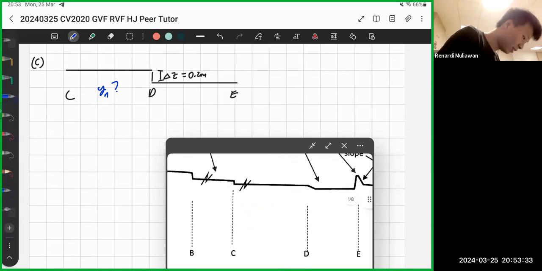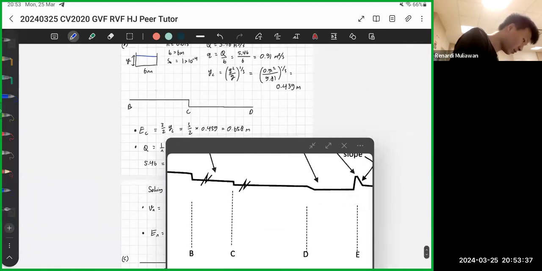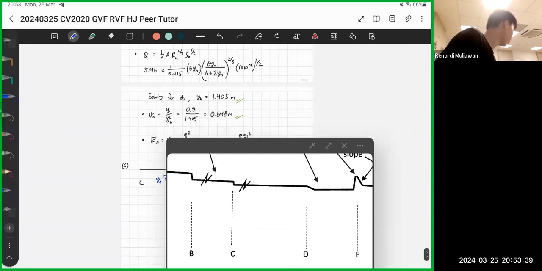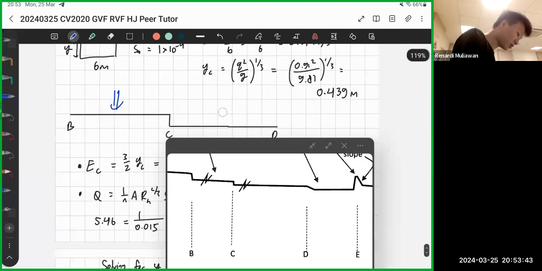Here's BCDE. Just now we calculated for section BC. All the stuff that we've calculated is for BC. So how do you find Yn in CD? It's not the energy diagram. Again, it's not the energy diagram. Why is it not? Because we're talking about normal depth.